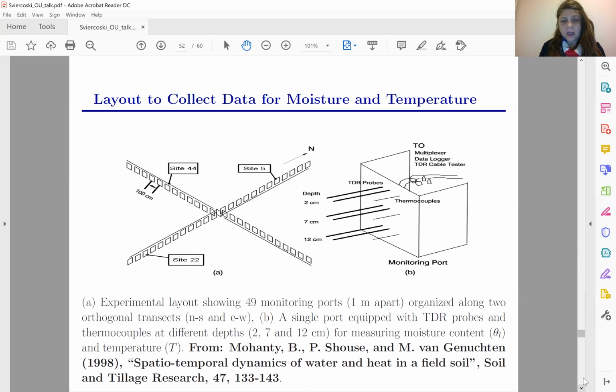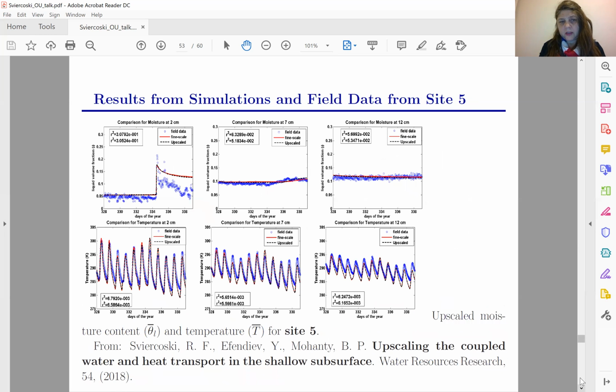The idea of how we did this: there was already data collected for moisture and temperature, and we used this data to check our model. So this model is tested against the data collected at this site in 1D.